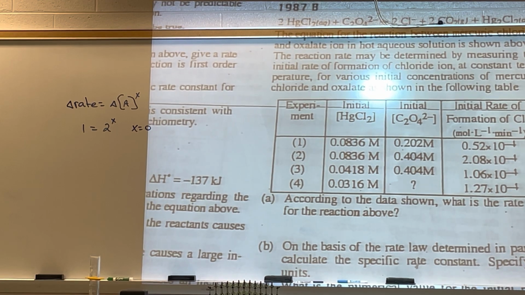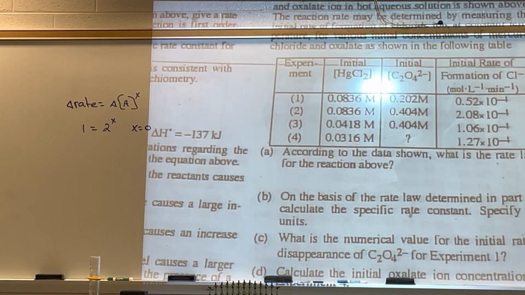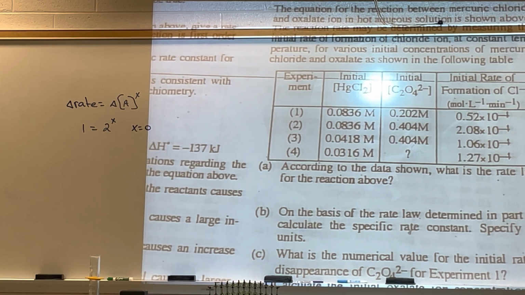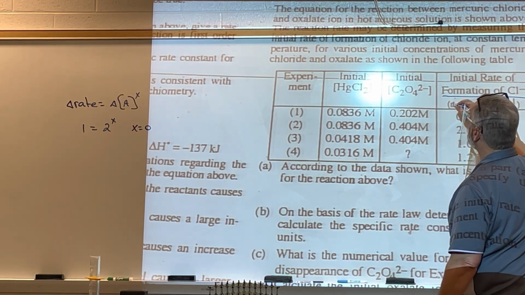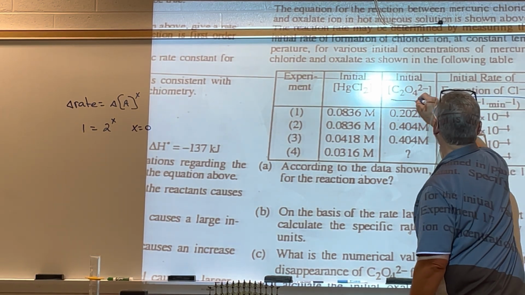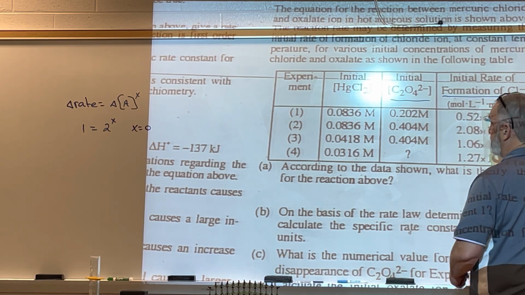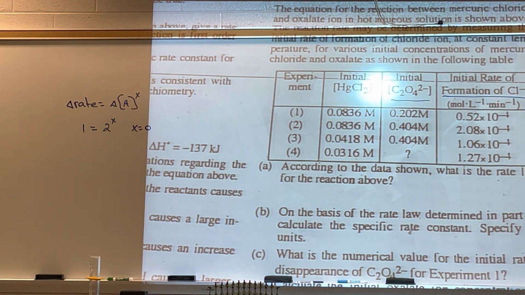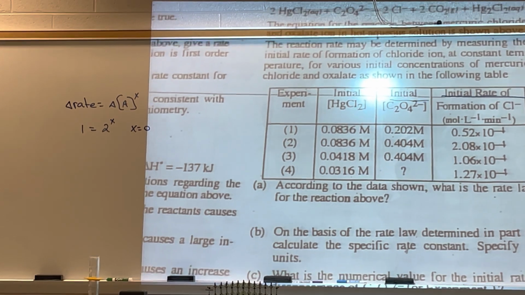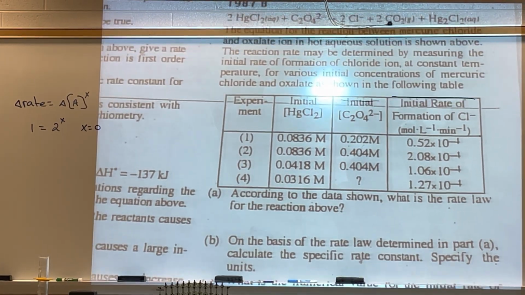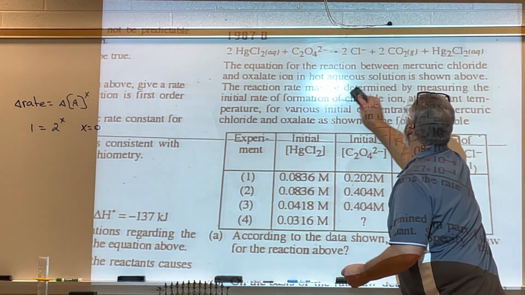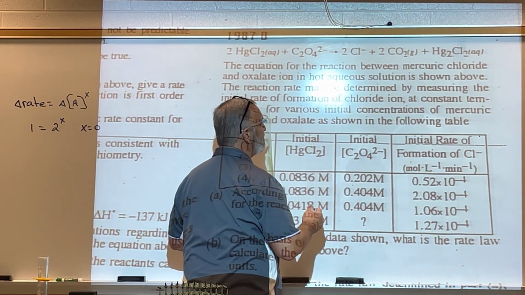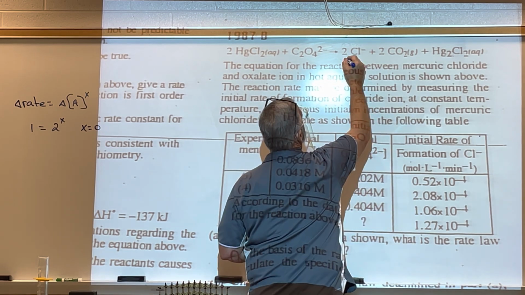Okay. So here, what is the numerical value for the initial rate of disappearance of this one? So notice we said it was the rate of formation of this. Now they want the rate of disappearance of this. Well, you've got to go back to the equation. So in this equation, we measure the rate of formation of Cl minus.